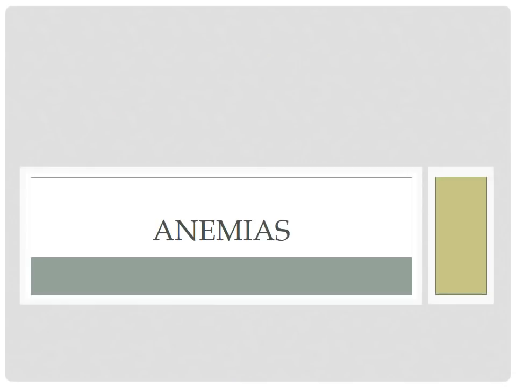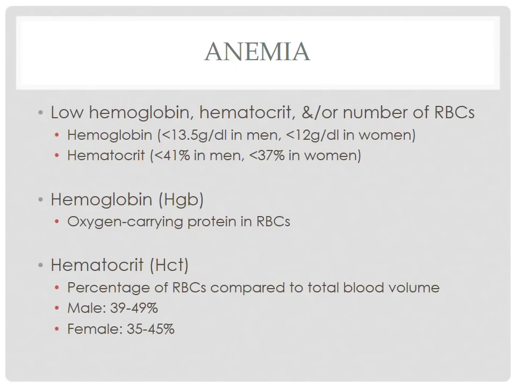So now that we've discussed some of the testing for the red cells, we're going to discuss all the different anemias. So what is anemia? Anemia can be low hemoglobin, a low hematocrit, and/or a low number of red blood cells. Any of those would qualify, but the typical values that we'll use to determine if there is anemia are either the hemoglobin or the hematocrit.